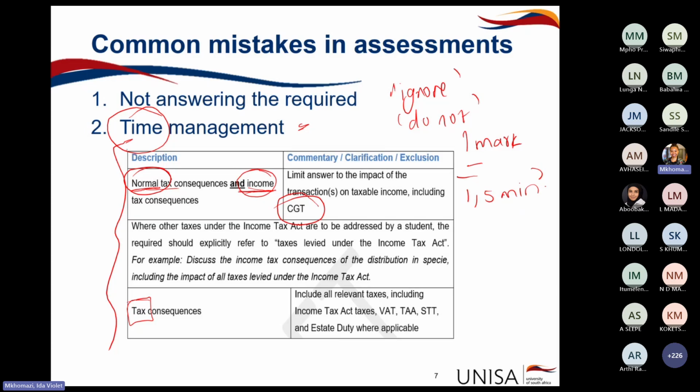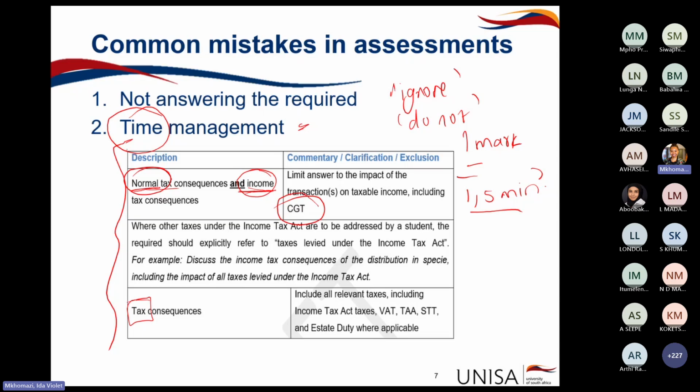As you are reading the required, I like to advise students to take a minute and calculate how much time you will need in each part of the required and write it down for yourself next to the required. So if the required is 10 marks, then if I multiply it by 1.5, I'm going to get 15 minutes to answer that part of the required.